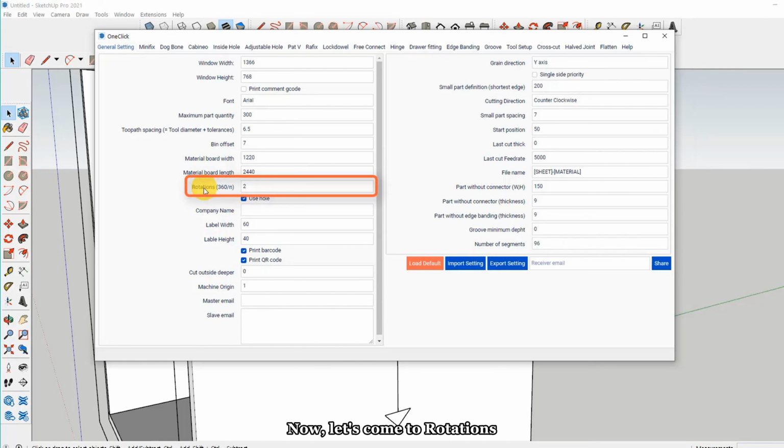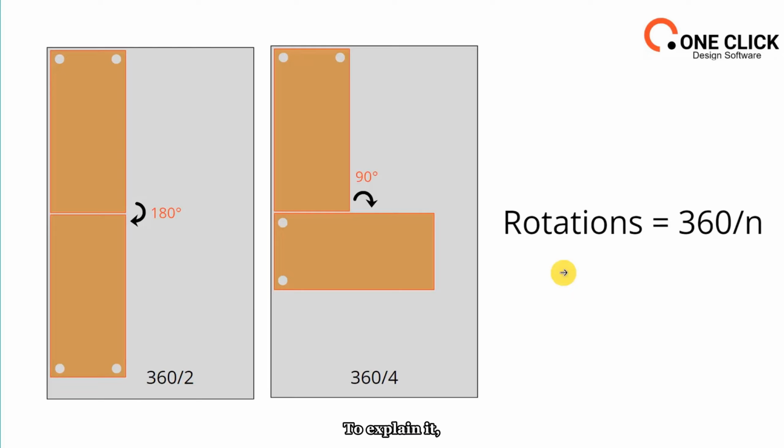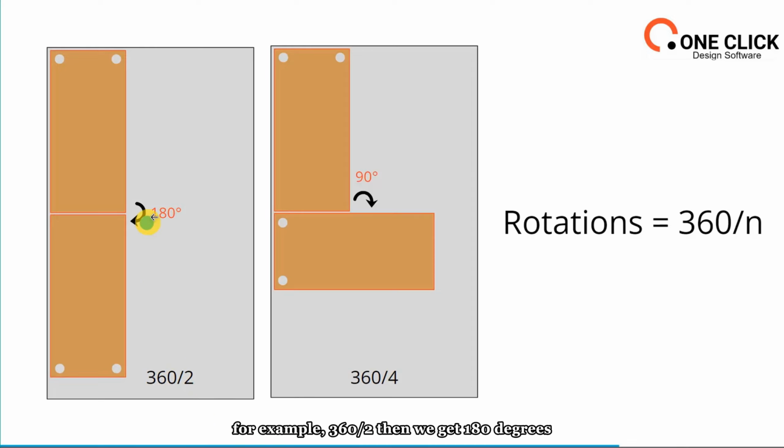Now let's come to rotations. 360 divided by n. And in the box, type in the value for n, for example 2. To explain it, for example, 360 divided by 2, then we get 180 degrees.